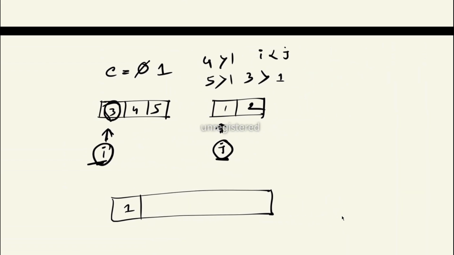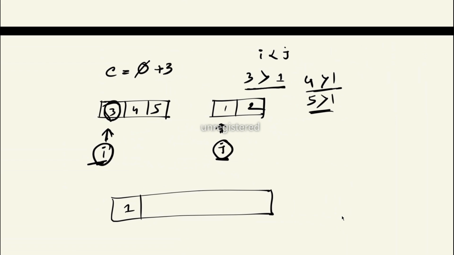So let's move these two things to the right so that I get some space. Right. So now we can see we have three pairs. So instead of 1, we simply add 3.